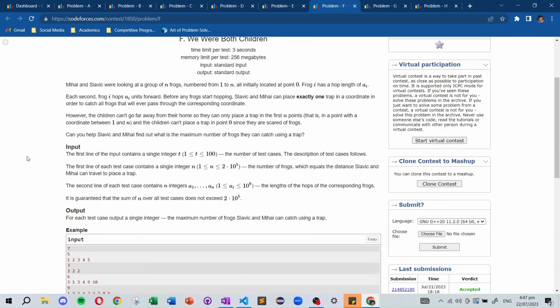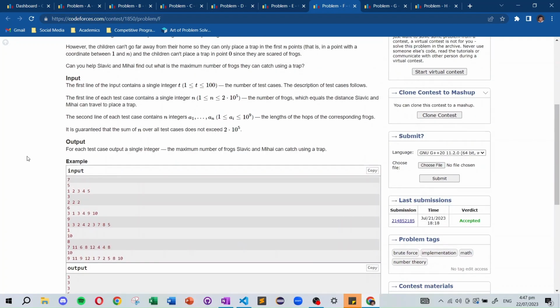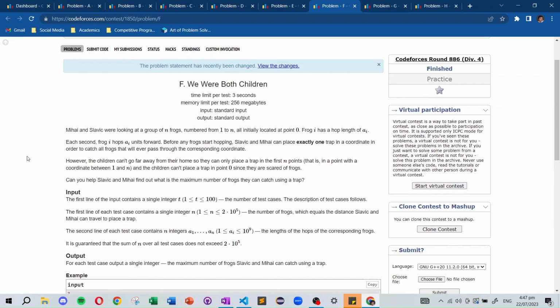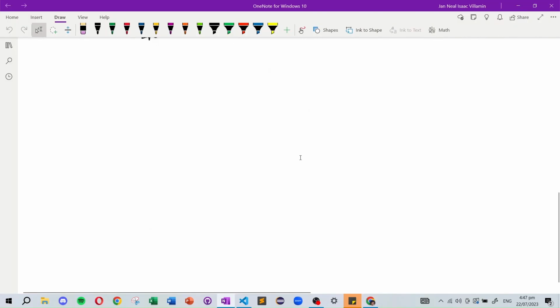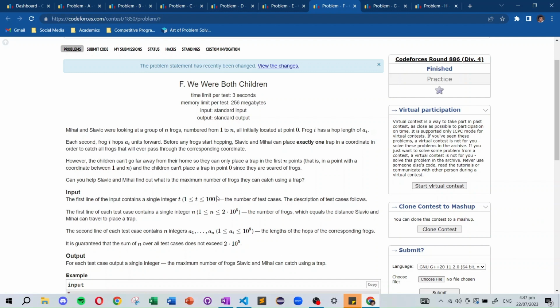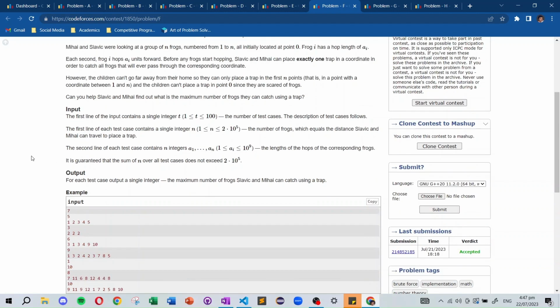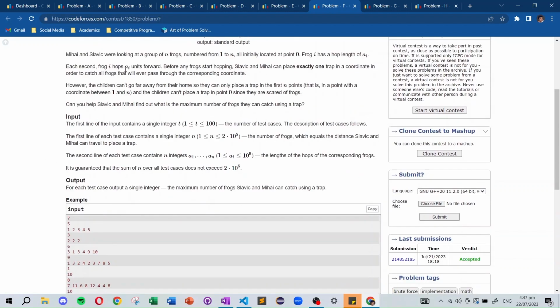Okay, and then how do we solve this? The problem here is that the a_i's can be duplicated.